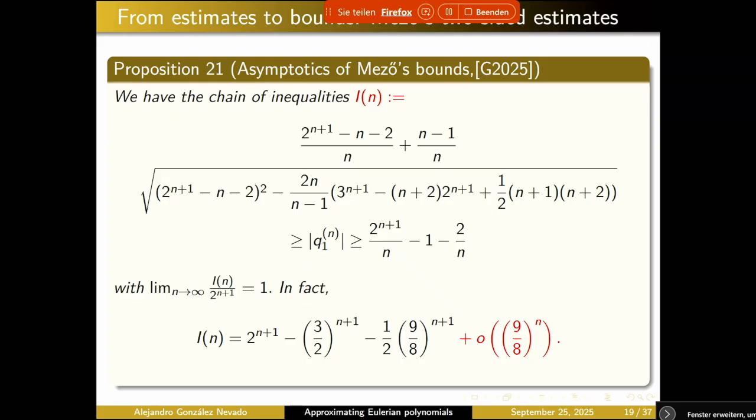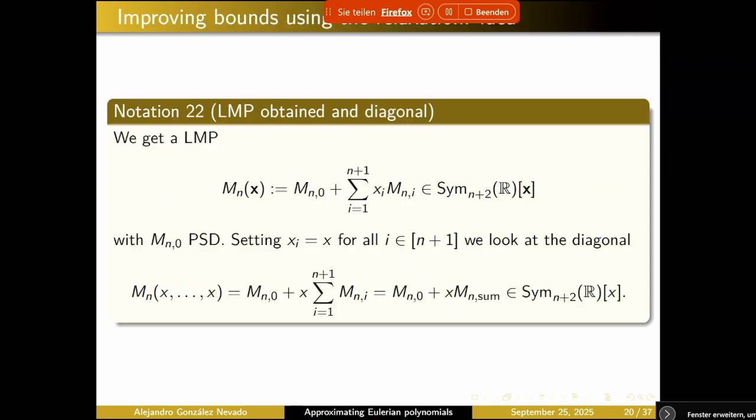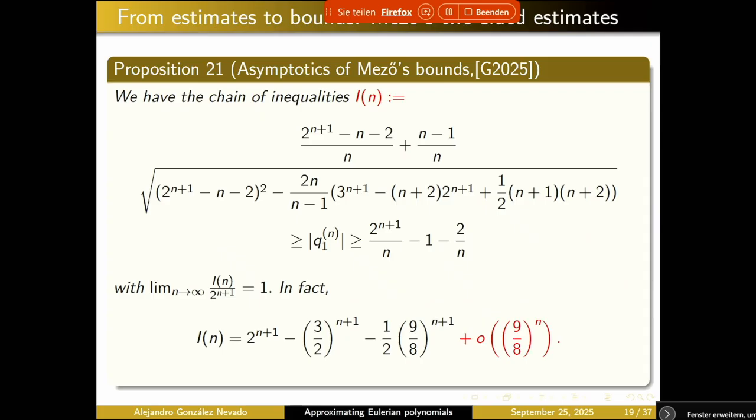But this one here is very bad, because you have a linear term. This is not good, and you can also extract more asymptotic terms of this estimation. So he asked about better bounds for this.